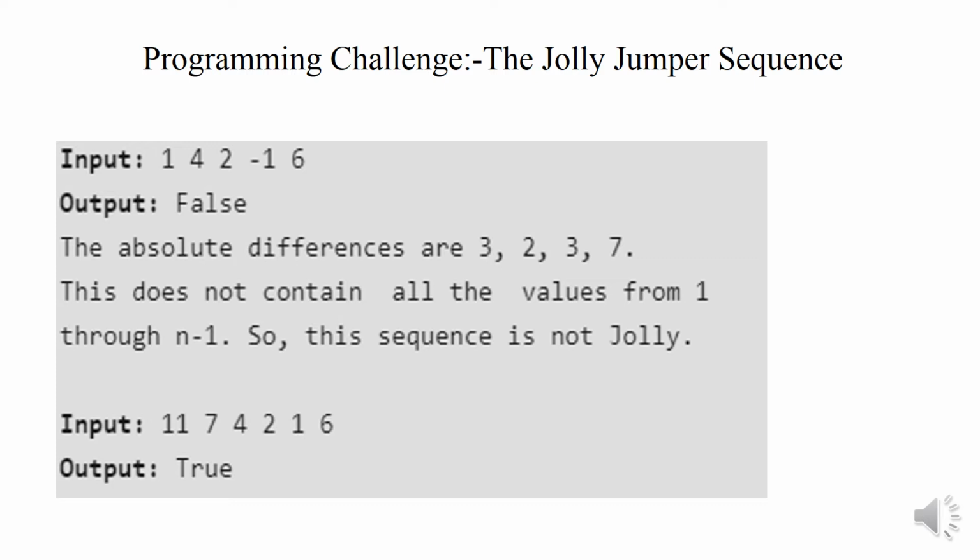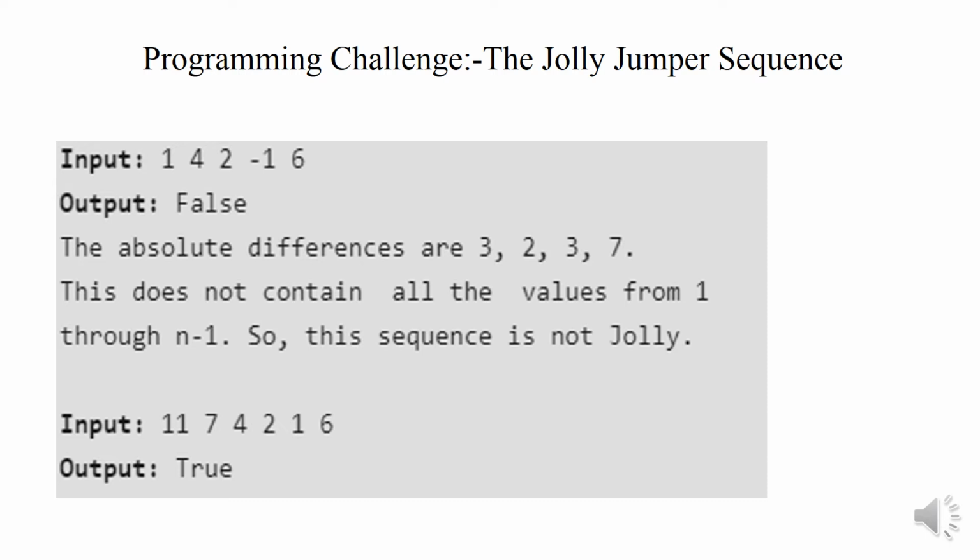So it doesn't follow the absolute differences like the previous sample input and output. In the previous sample, the differences follow the sequence, and on the basis of those absolute differences, that sequence is called a jolly sequence or jolly jumper sequence. That's why our output is true, otherwise the output is false.